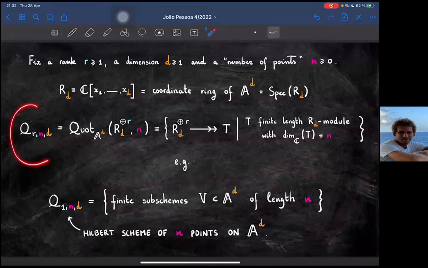And this guy, which we call Quot_{R,N,D} just to shorten the notation a bit, is the higher rank generalization. So this R here has this role. It appears here. Okay. So this is a classical moduli space in algebraic geometry.